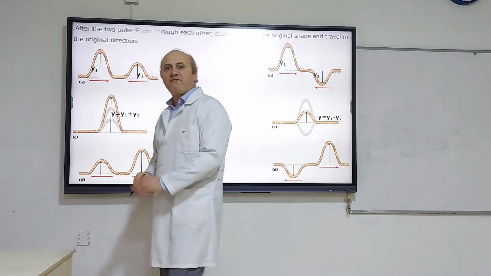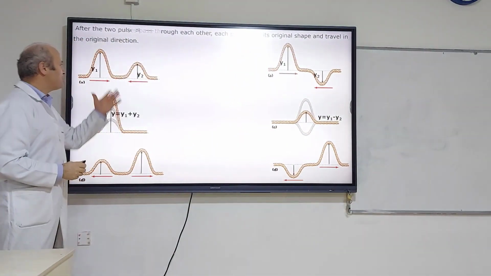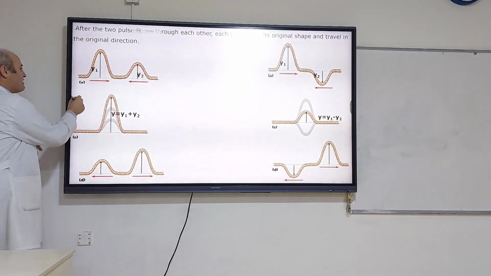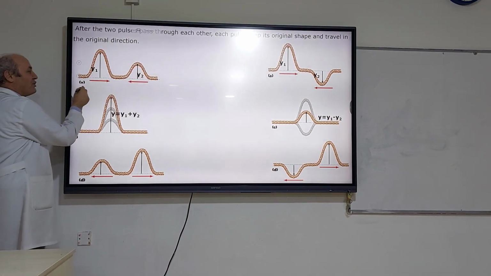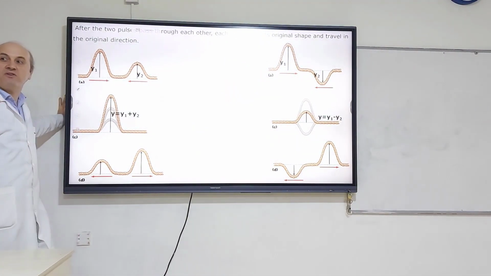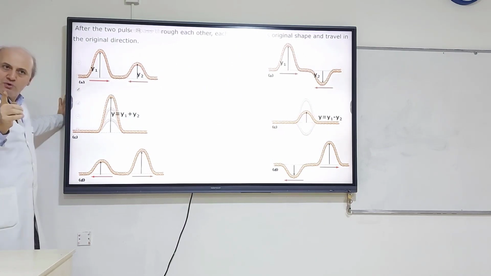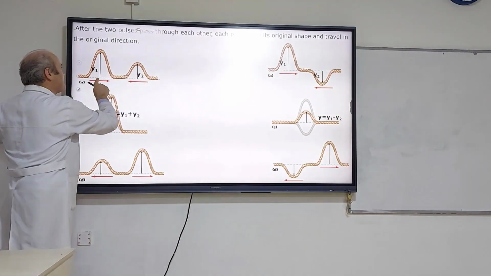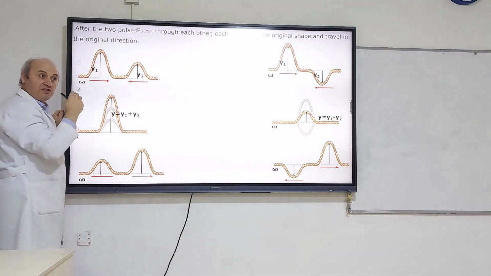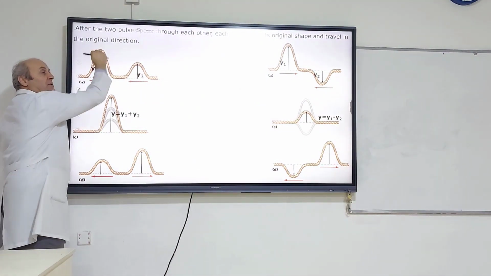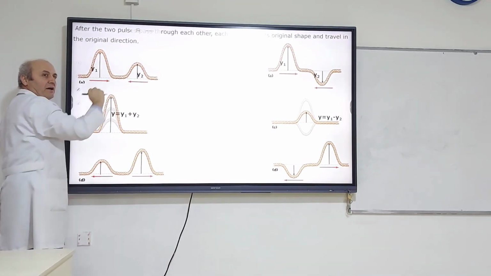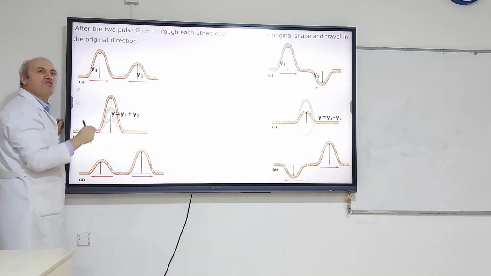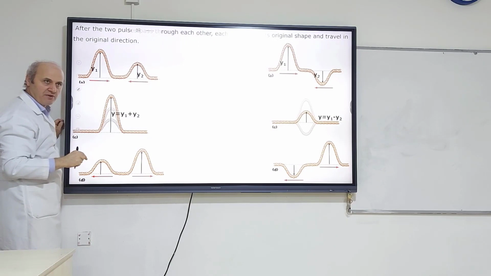Two types of interference we are going to observe. One of them is constructive. Even though in your book this definition is given by displacement, when the book talks about displacement, they are talking about the direction of the vibration, displacement from the equilibrium position. If there is displacement from equilibrium position in the same direction, like positive y and positive y, these two waves constructively interfere. They support each other.